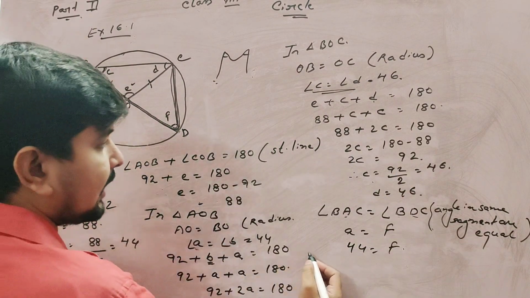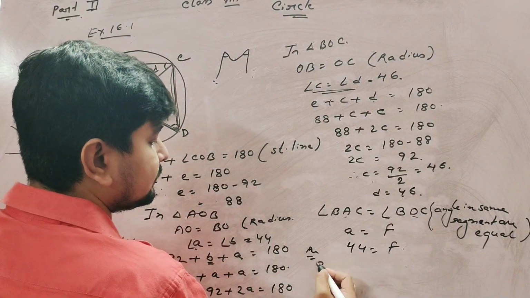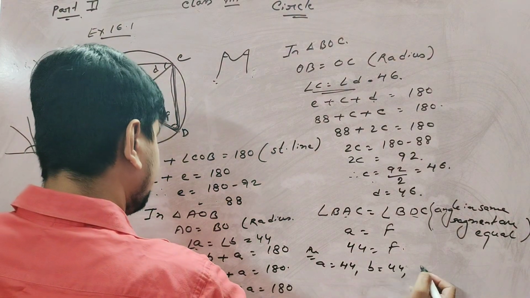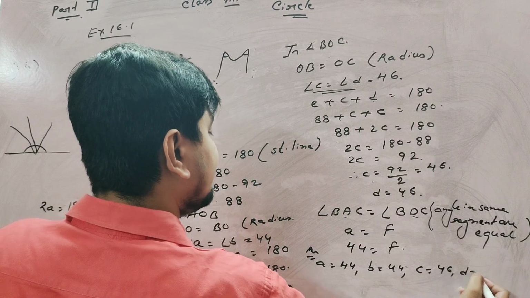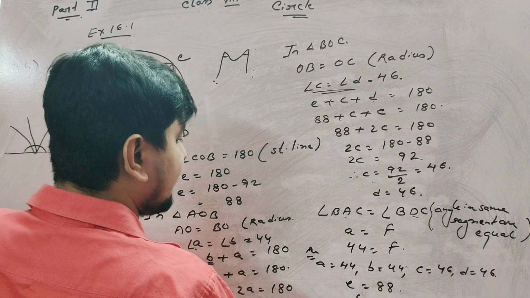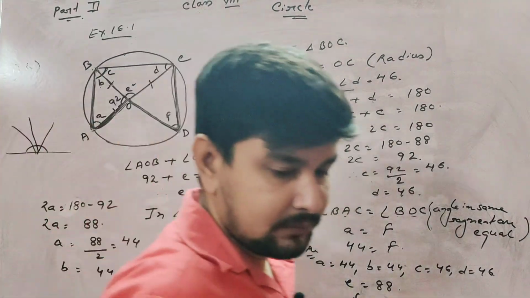Clear? So our answer is A equals 44, B equals 44, C equals 46, D equals 46, E equals 88, and F equals 44. Okay, note, this is very long.